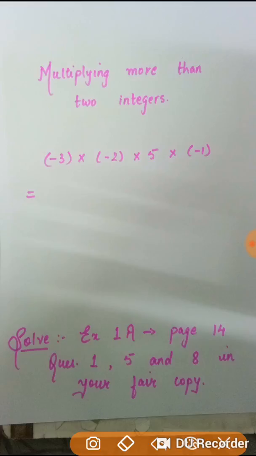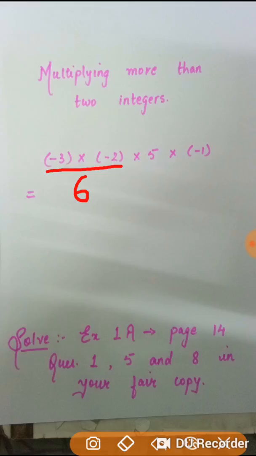So let us multiply by taking out the product of the first two integers. So when you multiply -3 and -2, you will get 3 2s are 6, and since both of them are negative, the answer will be positive.